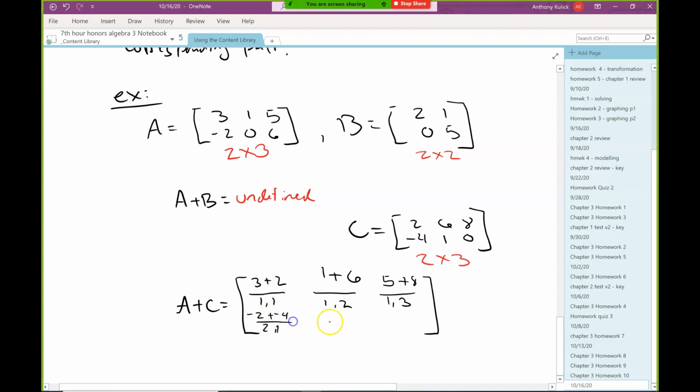Now, most of us probably wouldn't need to write this out because all we're doing is adding some numbers together. This is not difficult, and I agree, it's pretty easy. I would not expect you to do all that work.